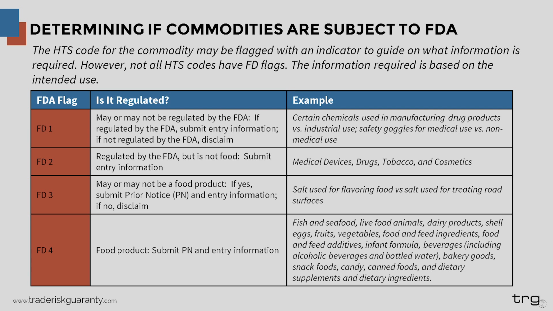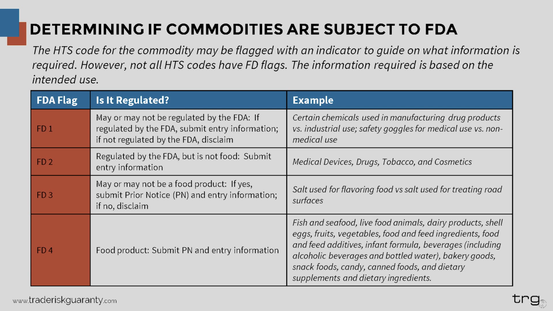The information required upon importation is based on the intended use of the product. So keep in mind what the FDA regulates and ask yourself if your imported commodity falls into one of those categories. If so, you will have to file the FDA paperwork regardless of if the flag exists on the HTS code or not. Now let's go through these flags.